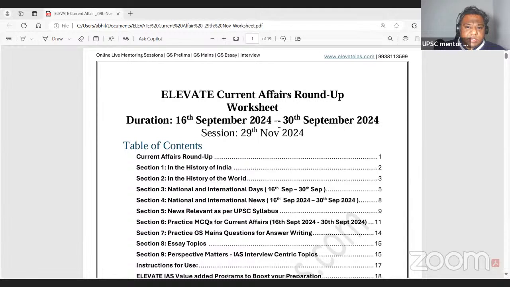Can somebody just confirm whether you can see the worksheet in front of you? Can somebody confirm this? Can you see the worksheet?